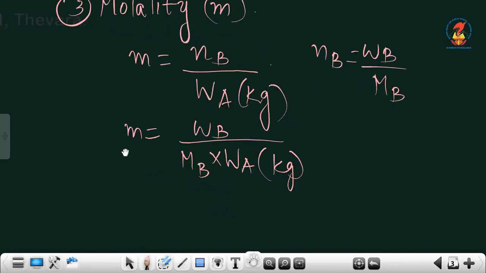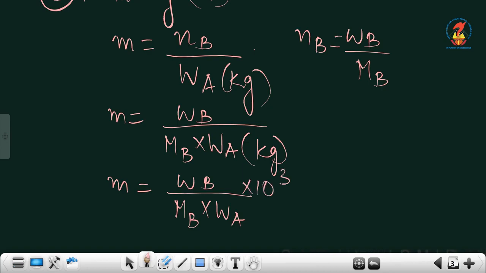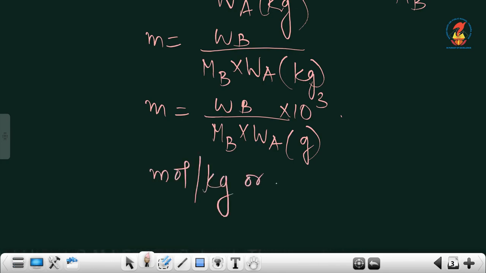Now suppose you have the expression that is the mass of solvent in gram, then molality m is equal to WB by MB into WA into 10 raised to 3. Here WA will be in gram. Now the unit of molality is mole per kilogram or molal or small m.